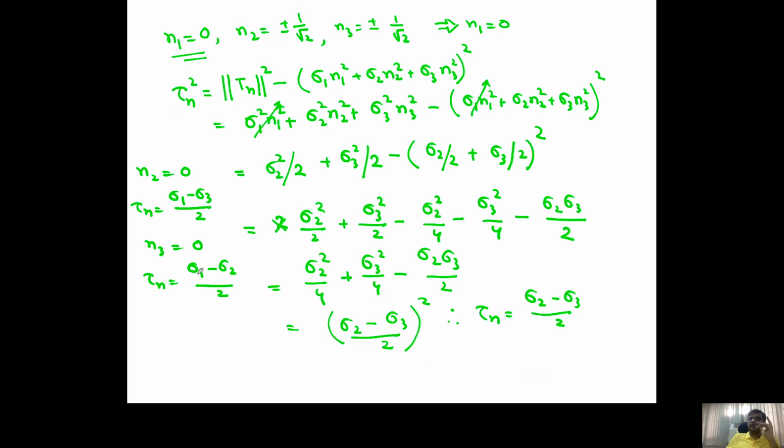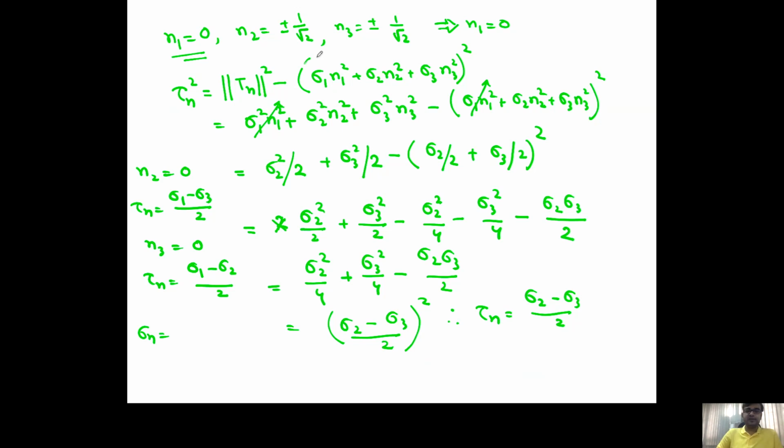Now you remember that on the maximum normal stress or principal stress plane, the shear components were 0. So let us now verify whether the shear components are 0 on the maximum shear stress plane or not. So what is the normal stress component? Sigma n.